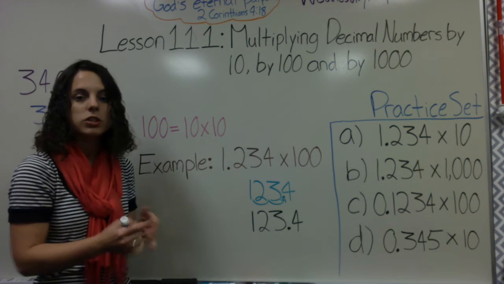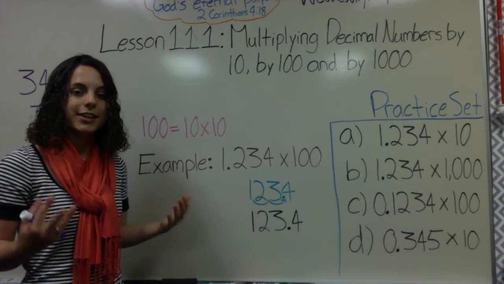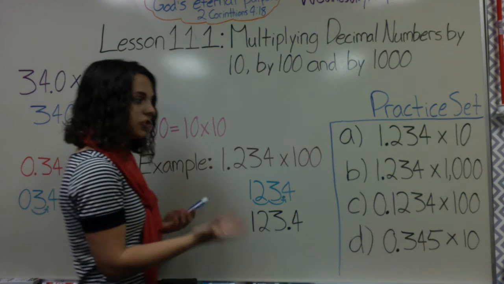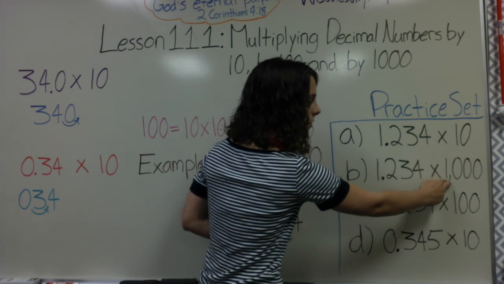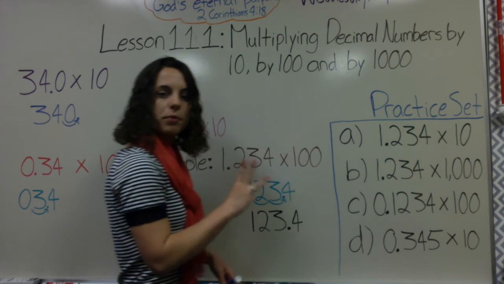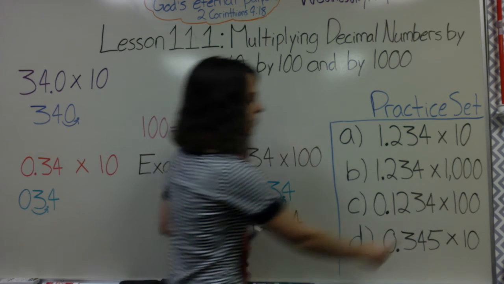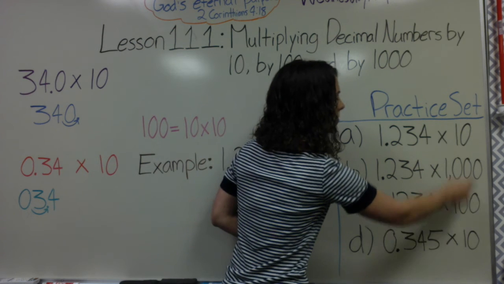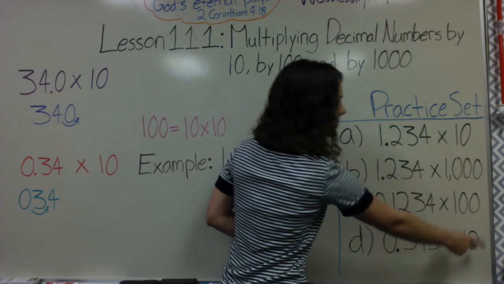If I have it multiplied by 1,000, that's the same thing as 3 tens, or really just count your zeros, like here. 1,000 is 3 zeros, so I'm going to move it over three places. If I have 100, moving it over two times. If I have 10, moving it over one time.